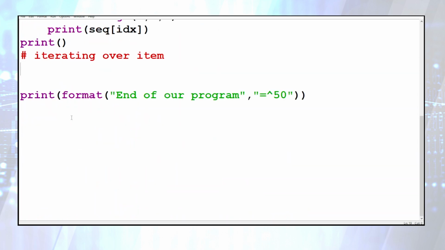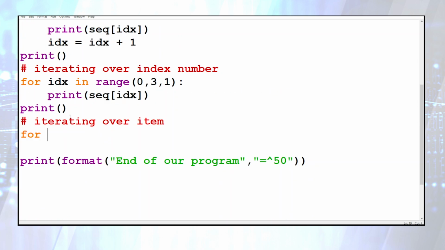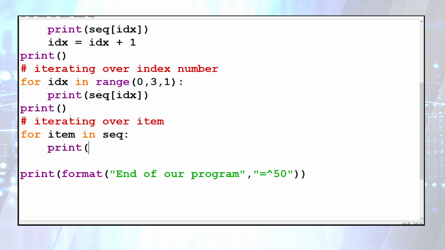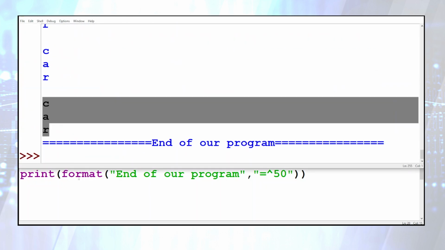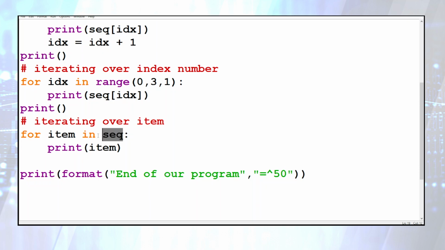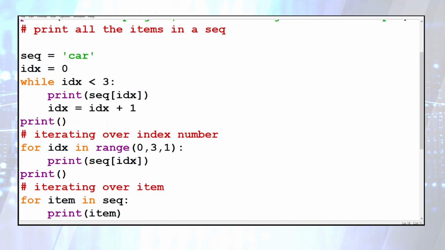So this one, you basically go through and you create your variable, and you simply say from that sequence, right? Just go directly into that sequence, take the item from that sequence, and assign them to this variable item. And then you print the item. So in this case, you don't have to worry about indexing or anything like that. You directly go into your sequence and print the items, okay? So just keep that in mind.